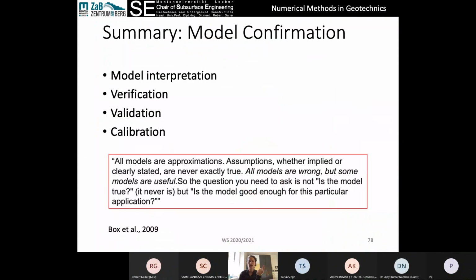And then finally, calibration is all of the input parameters, the stresses that we've put in, the material properties, whether that's the geological materials and our support materials. Are all of these parameters reasonably close to what we have in our system?